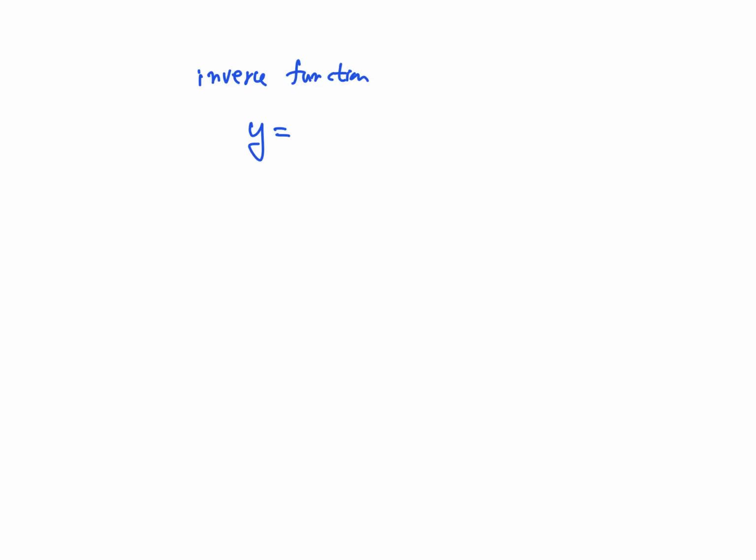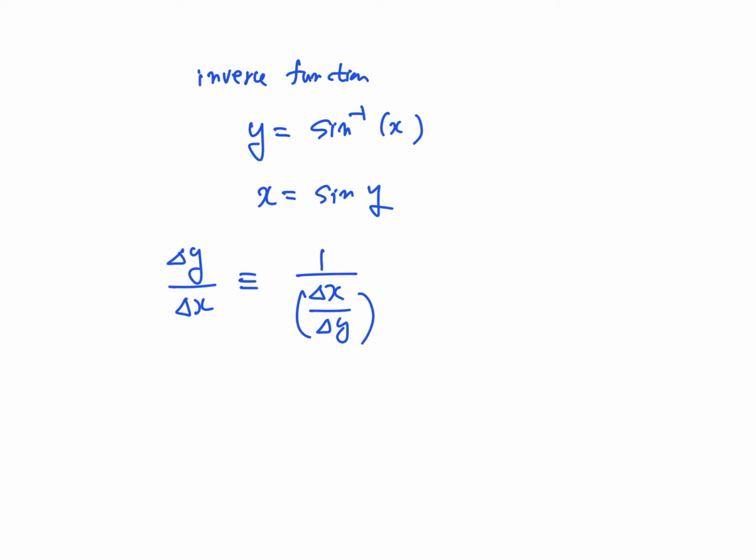Say y is sine inverse x, or x is sin y. So delta y over delta x; actually you can say delta x over delta y. So dy/dx is actually 1 over cos y.